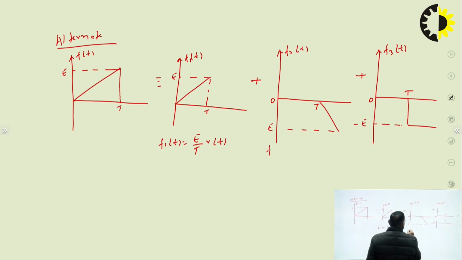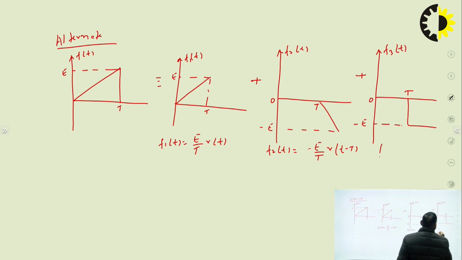So f2(t) is equal to minus (E/T) r(t minus T), and this f3 is minus E u(t minus T).